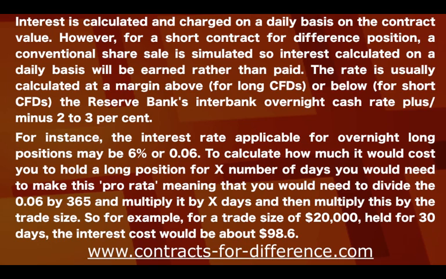For instance, the interest rate applicable for overnight long positions may be 6% or 0.06. To calculate how much it would cost you to hold a long position for X number of days, you would need to make this pro rata, meaning that you would need to divide the 0.06 by 365 and multiply it by X days, and then multiply this by the trade size.